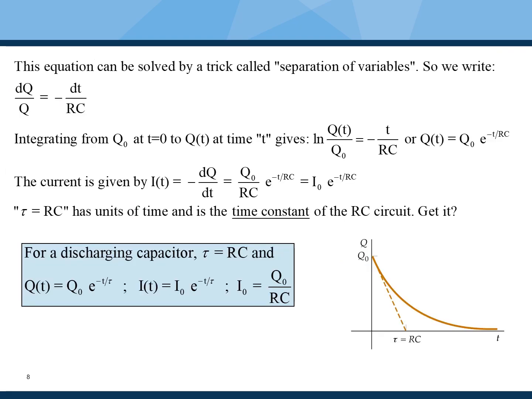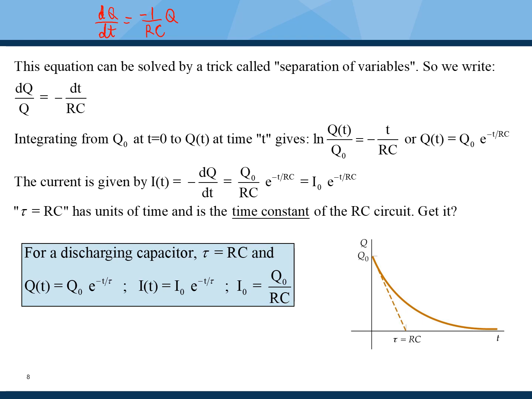So with this, we can essentially take the previous expression that we had and write it in the following fashion. I will just repeat it out here: dq by dt is equal to minus 1 over RC times q itself.